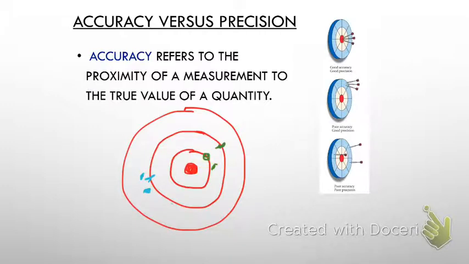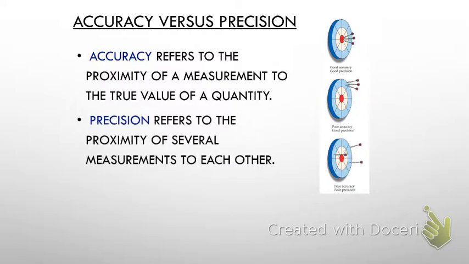Whereas precision actually has to do with the proximity of how close the various measurements are to each other. So if you look at the example on the right-hand side, which is drawn much better than mine, you've got the 3 darts that are in really close proximity to each other, so therefore they have good precision, but they're very far away from the actual bullseye, so they're not very accurate.